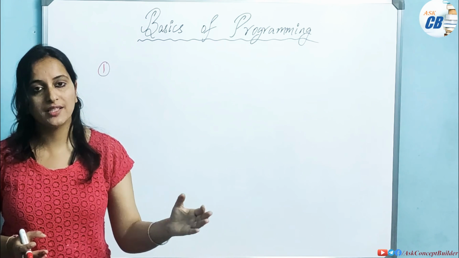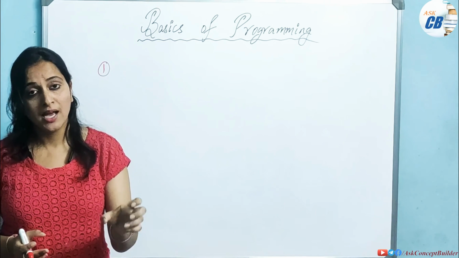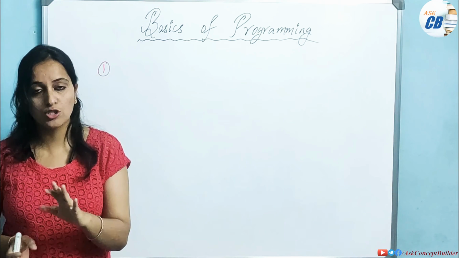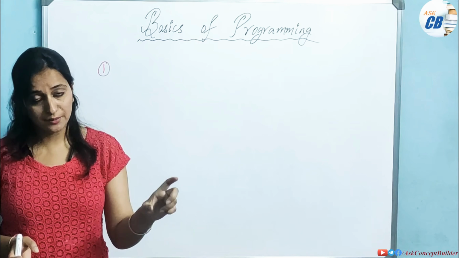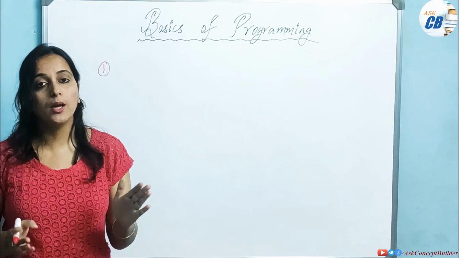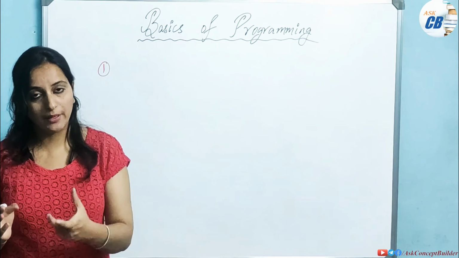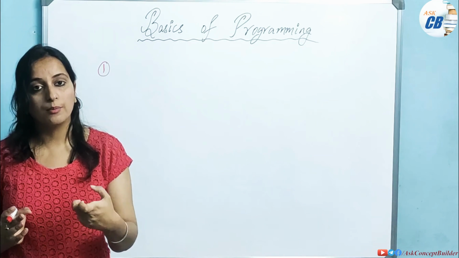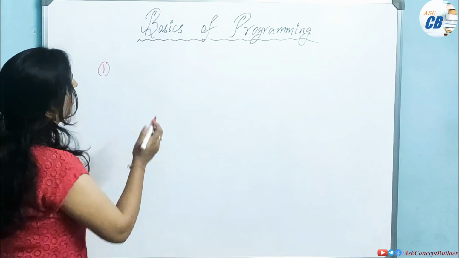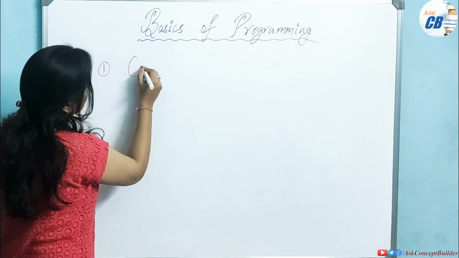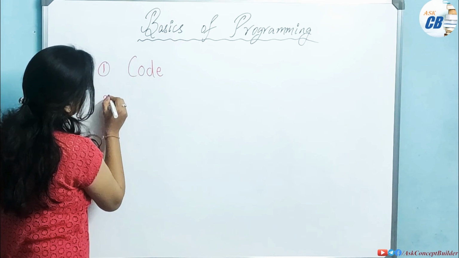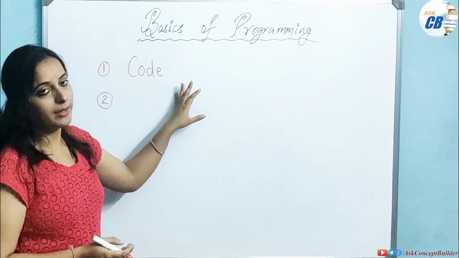Only the syntax is different, otherwise the basic flow or the execution part is almost the same. So if you want to code any program, first you should know the basics of programming, that how your program will execute and what its basic flow is. That is where programming is needed in coding.